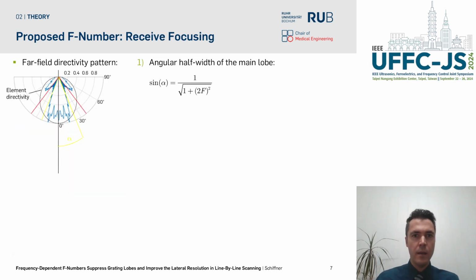The receive f-number, in contrast, derives from the angular distance of the first-order grating lobe in the far-field directivity pattern, which is illustrated on the left. The angular half-width of the main lobe only depends on the f-number.